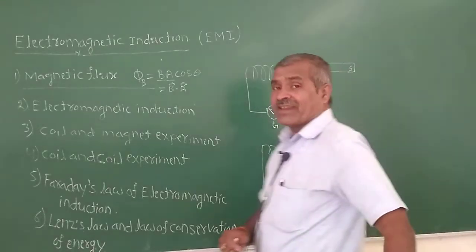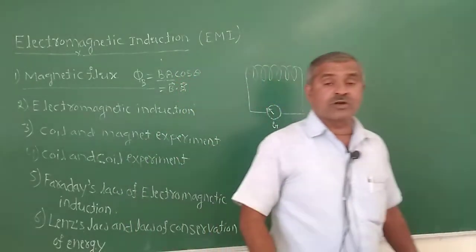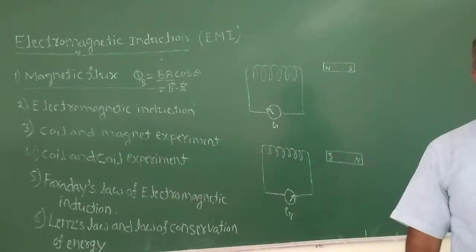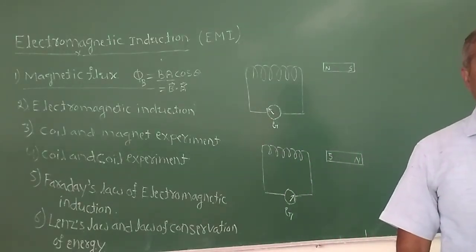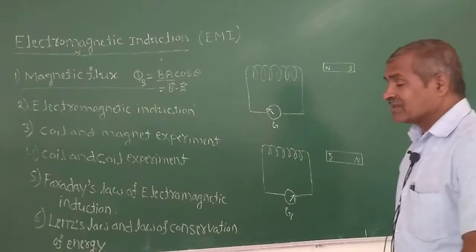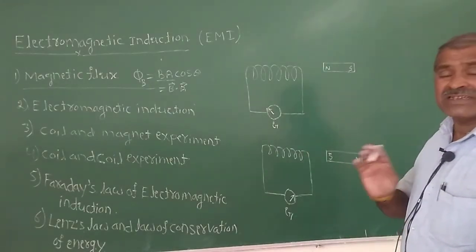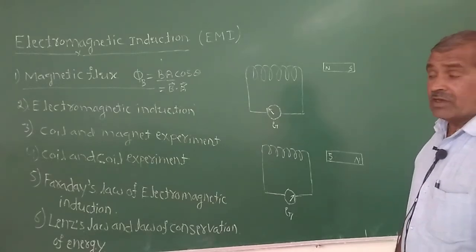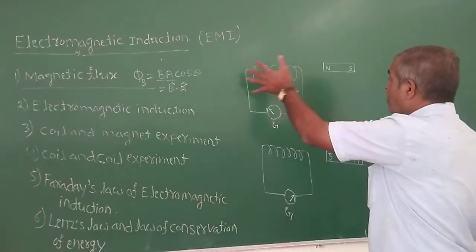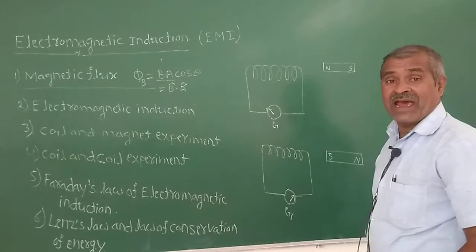Then another question also comes to your mind. What is that? Sir, this bar magnet is kept constant, at rest, and this coil is suddenly brought nearer to the magnet.